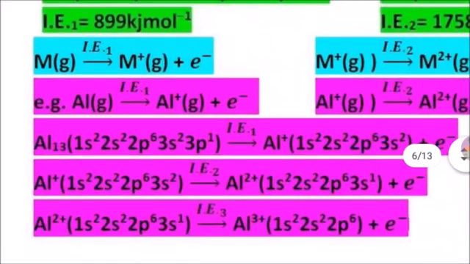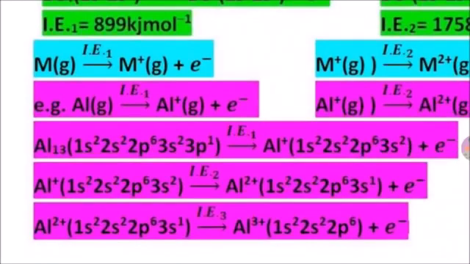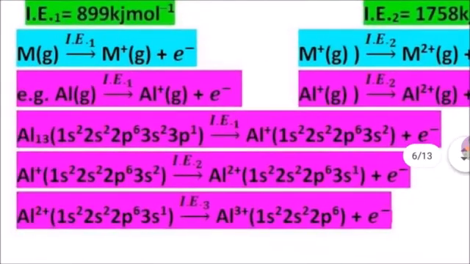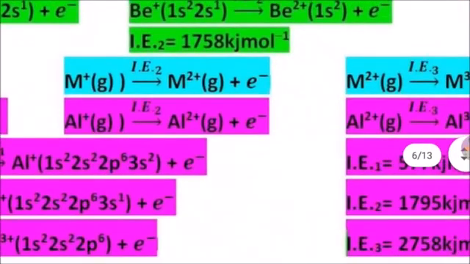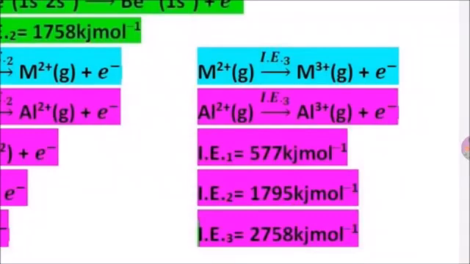For example, in the case of aluminium, M removes one electron, IE1 is required, giving M positive, and to remove the second electron IE2 is required. So aluminium becomes the aluminium ion, the aluminium ion becomes Al2 positive, bivalent, and in the third case Al2 positive becomes Al3 positive, a trivalent cation.